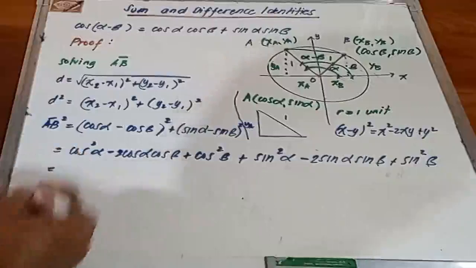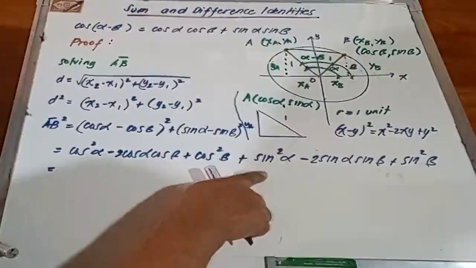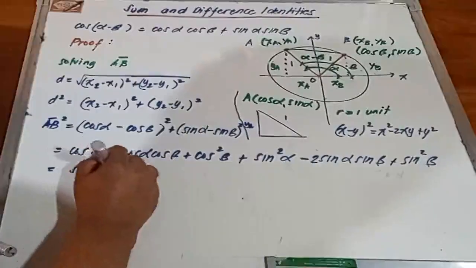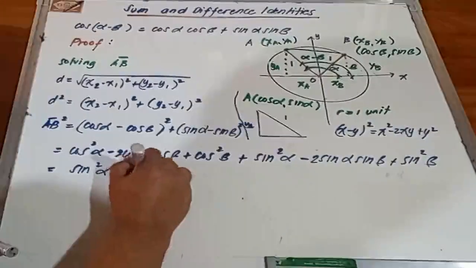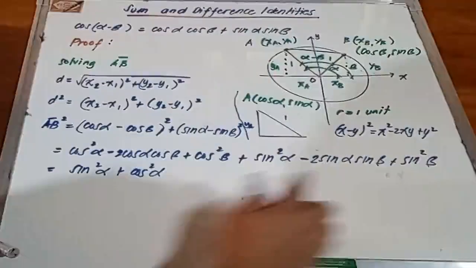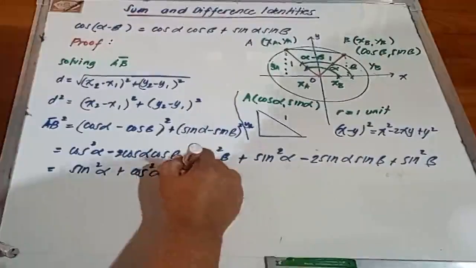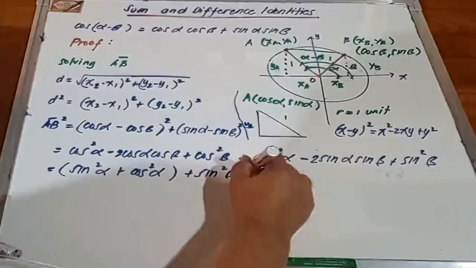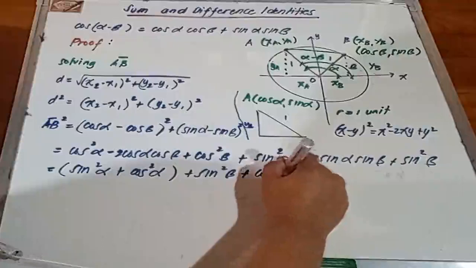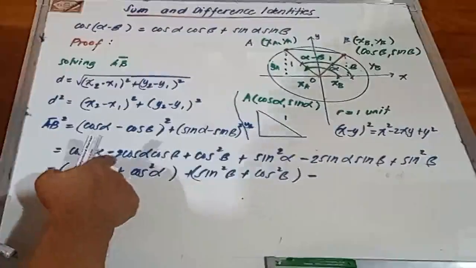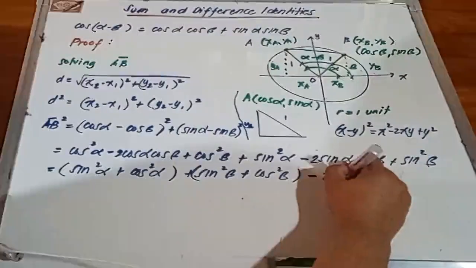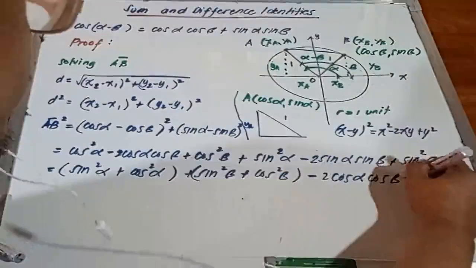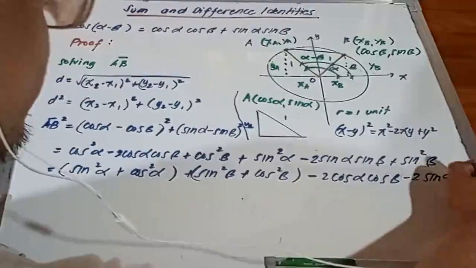Okay? And then, itong dalawang to, pwede natin gamitin yung Pythagorean identity. So, sine squared alpha plus cosine squared alpha. Ito at saka ito, pagdikitin din natin. Plus sine squared beta plus cosine squared beta. Minus this one, 2 cosine alpha cosine beta minus this one, 2 sine alpha sine beta.